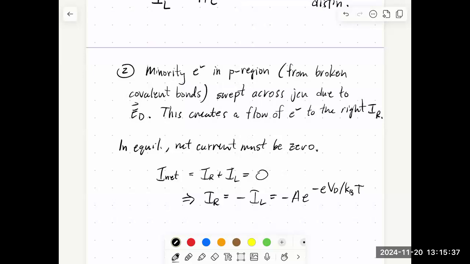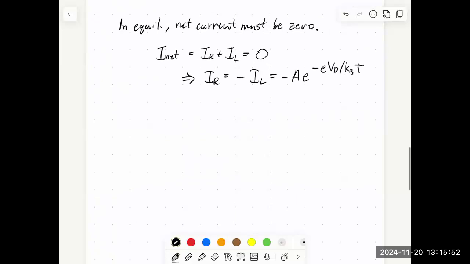Okay, so what we're going to do next is, now that we have some kind of functional forms for the left and right current, we're going to connect a battery across our diode. So next, let's connect a battery across the diode.